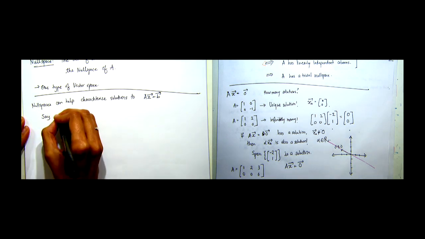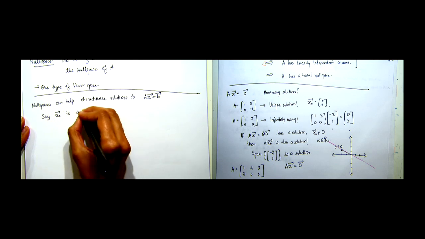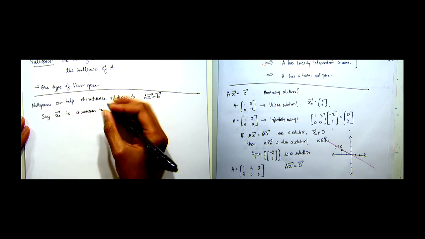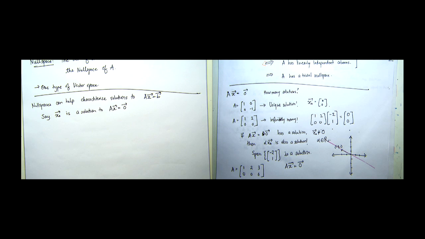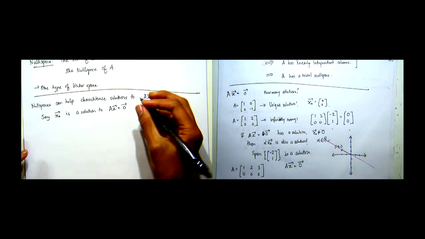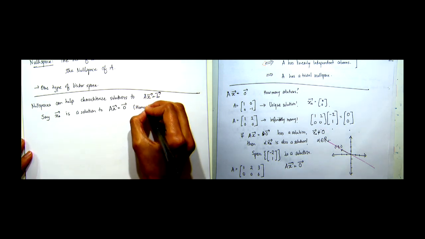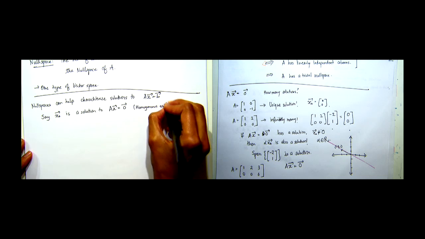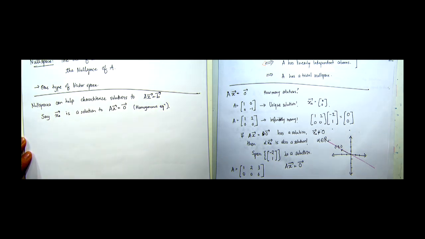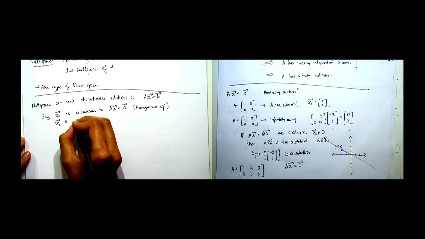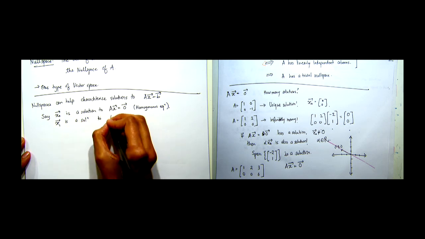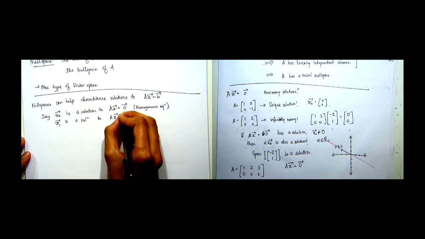In particular, say x naught is a solution to AX equal to 0. Okay? Not AX equal to b, AX equal to 0. This is sometimes called a homogeneous equation. When I set something equal to 0. And let's say x1 is a solution to AX equal to b.